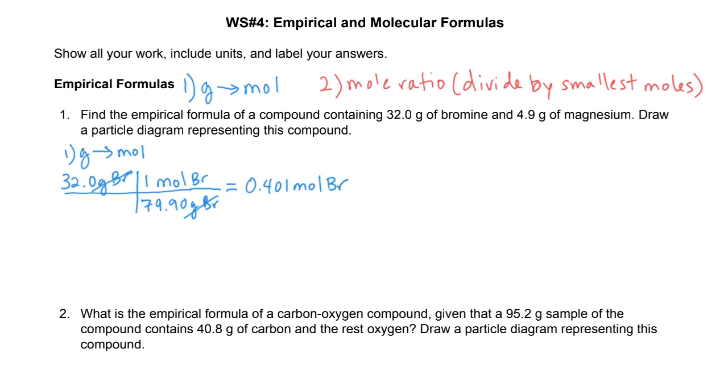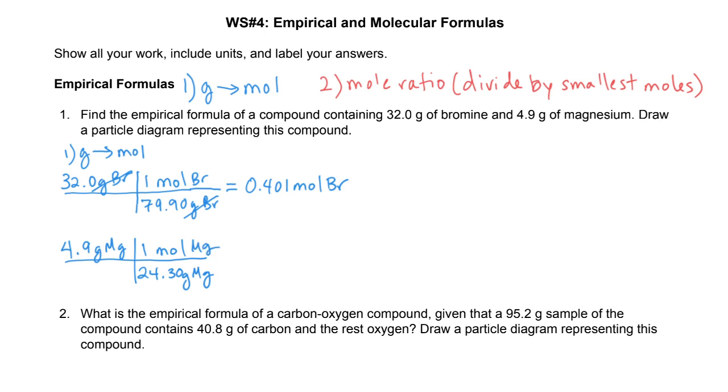And then for our second element, magnesium, we have 4.9 grams of magnesium. And again, I will set up my train tracks, and I looked up magnesium on the periodic table, and it was 24.3 grams of magnesium in 1 mole of magnesium.